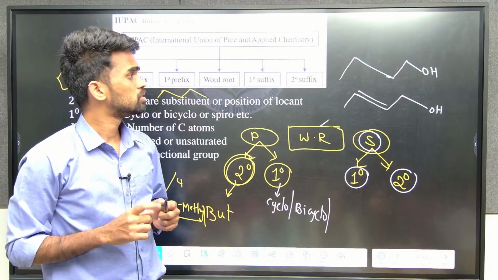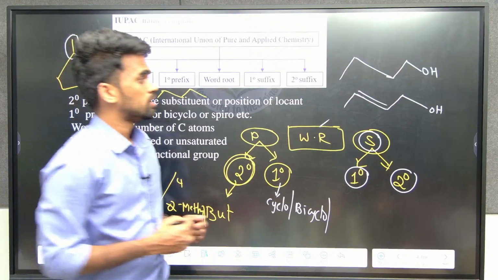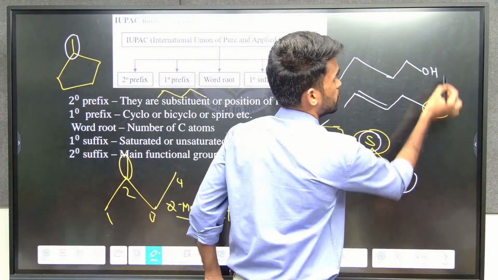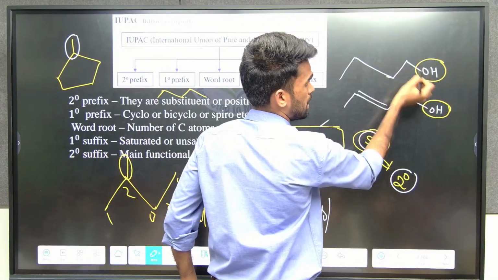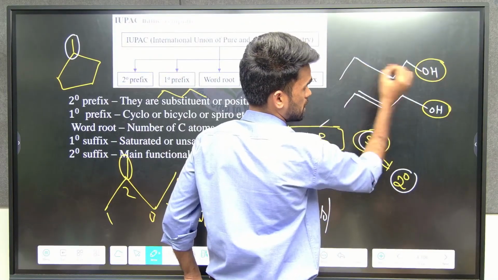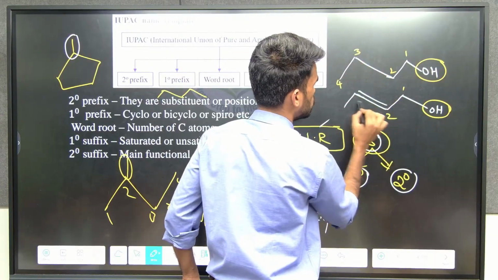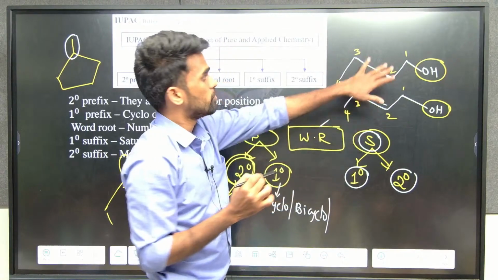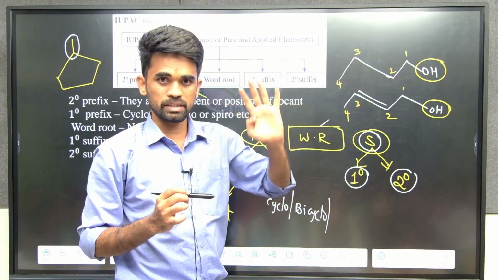First, from where should we number it? This OH is a functional group here. So write the number to the carbon which is attached to this principal functional group. So 1, 2, 3, 4. Here also 1, 2, 3, 4. Now 4 carbons means but-. I hope you know that: 2 means eth, 3 means prop, like that.